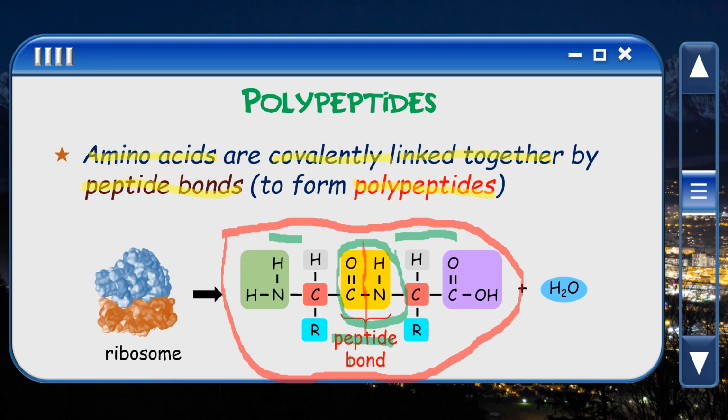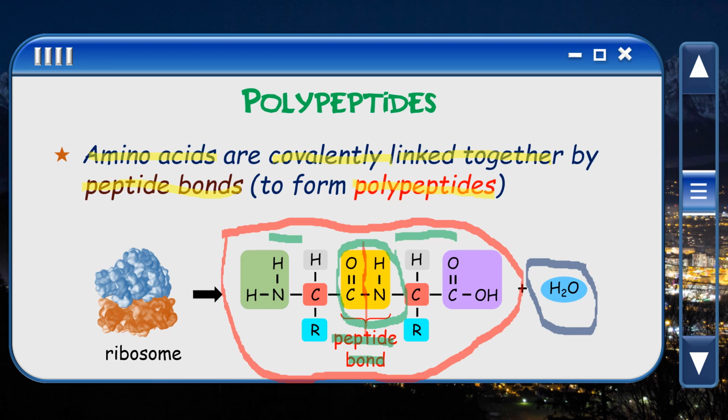It is a connection between one amino acid and the other, and we end up losing a water molecule. So this is a condensation reaction, and they form a covalent bond, which we refer to as a peptide bond.